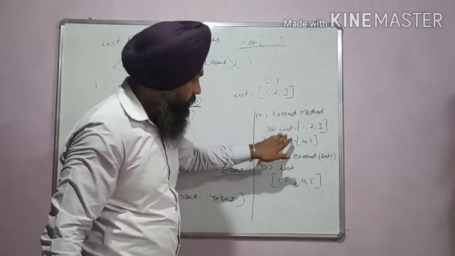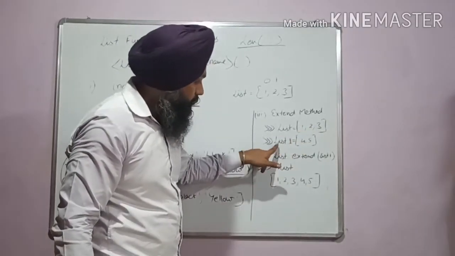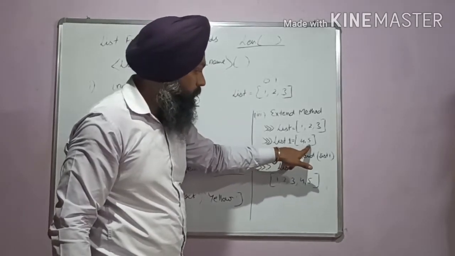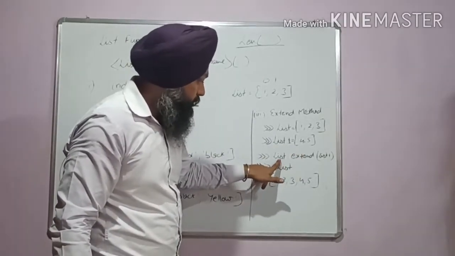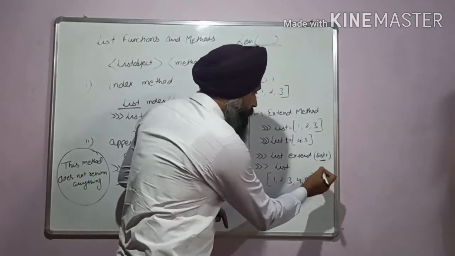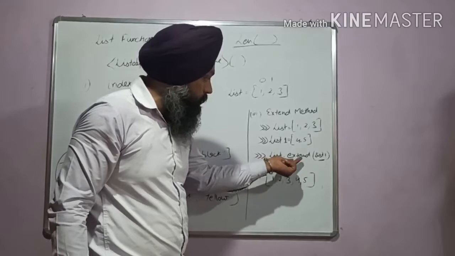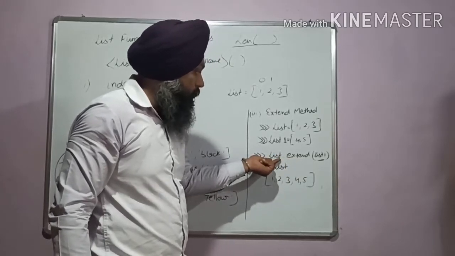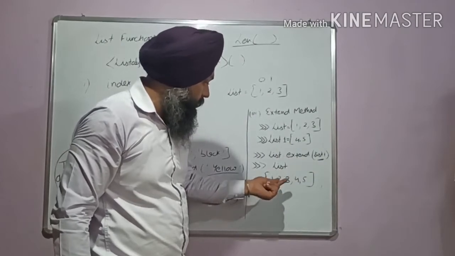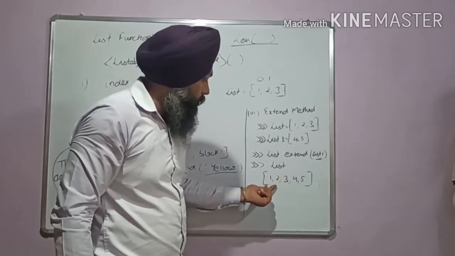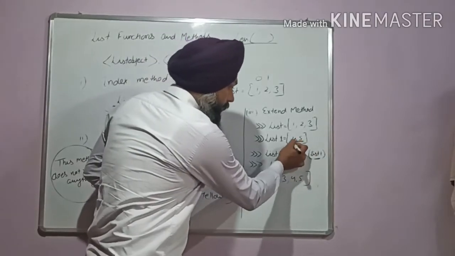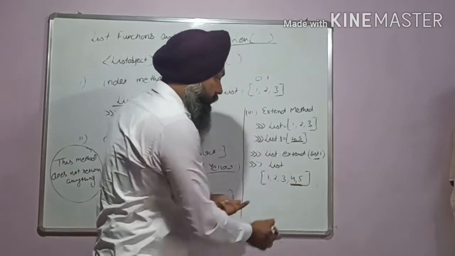Suppose we have the list 1, 2, 3, and another list named list1 having elements 4 and 5. Here list dot extend list1 means we are going to extend this list by list1. So when we print this list, we will get the result 1, 2, 3, 4, 5. Both elements are added in one go.